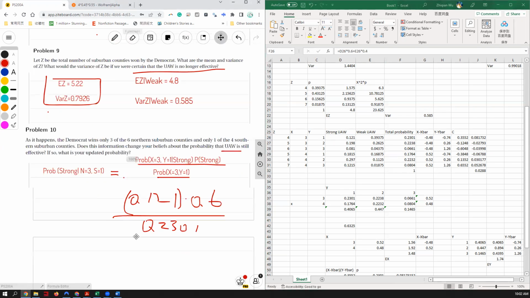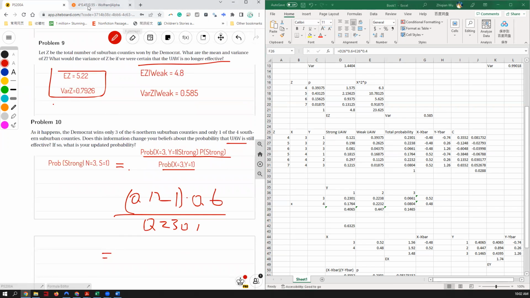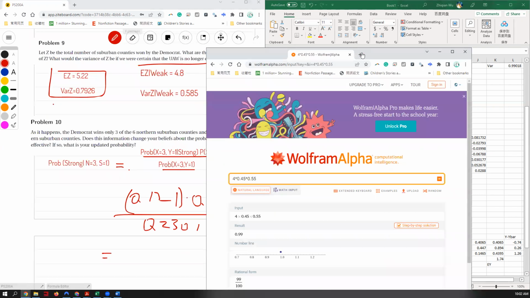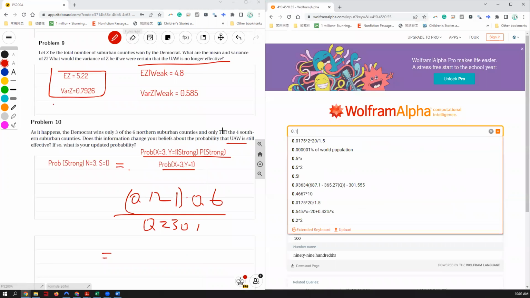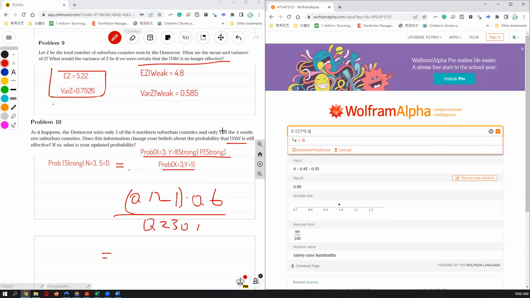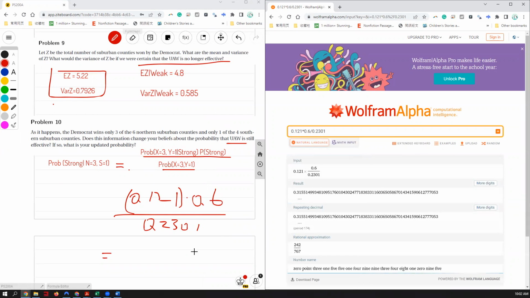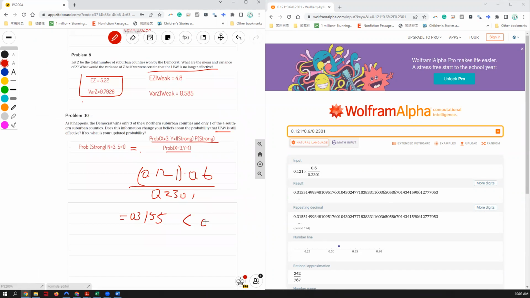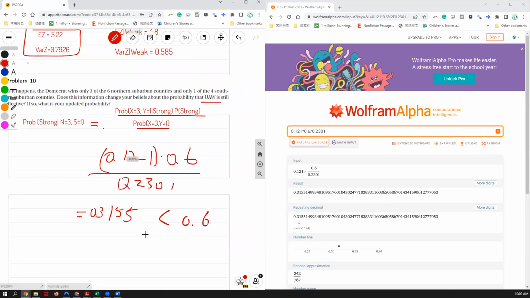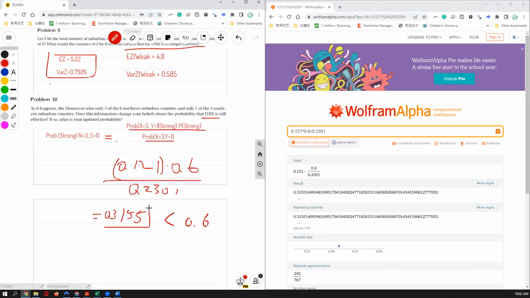And that's all we needed. Check that into a calculator. Actually, I could have used Excel for this, but 0.121 times 0.6 divided by 0.2301. So we have a 31% chance, 0.3155, which is less than what we started with, which is 0.6. That is strong. So this is my updated probability.